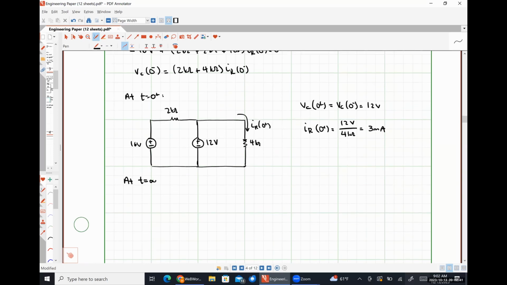At t equals infinity, we're going to have the exact same circuit we had at t equals 0 plus, except now our capacitor is going to look like an open circuit.